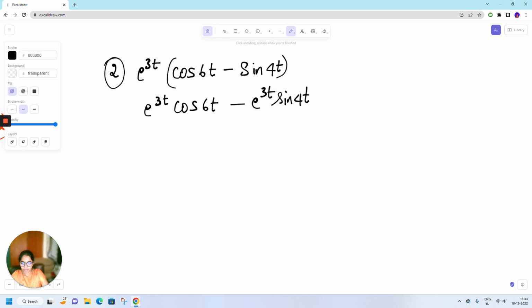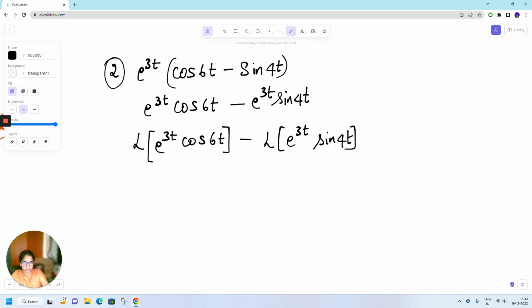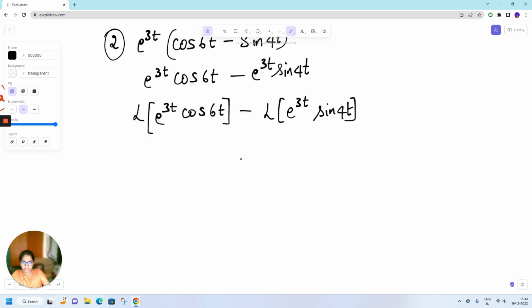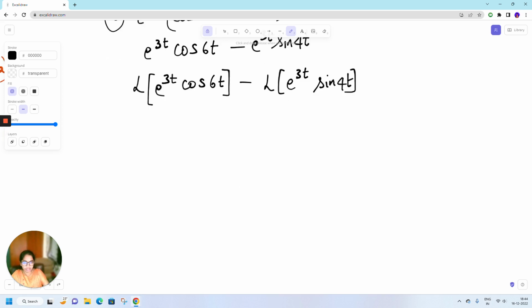If I have to apply Laplace now, I would apply Laplace to each function because I have a negative in the middle: Laplace of e power 3t cos 6t minus Laplace of e to the power 3t sine 4t. Firstly, let me solve the first term.